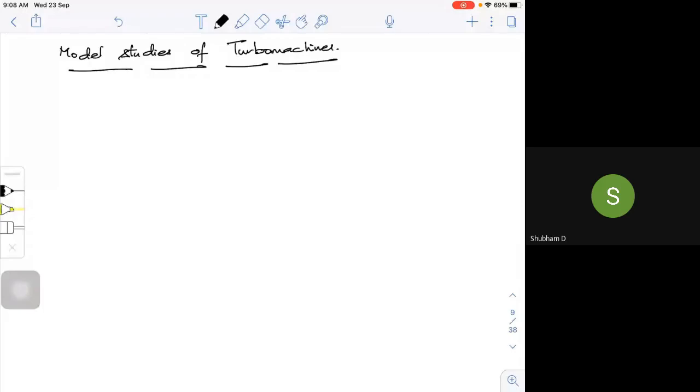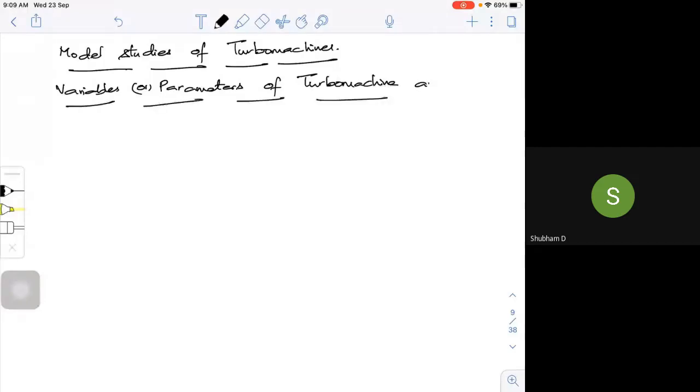While this energy transfer is occurring, I can look into different parameters which go into designing or building your turbo machine. Let me call that the variables or parameters of turbo machine analysis. Let me call it a simple non-dimensional analysis, what we are trying to do.